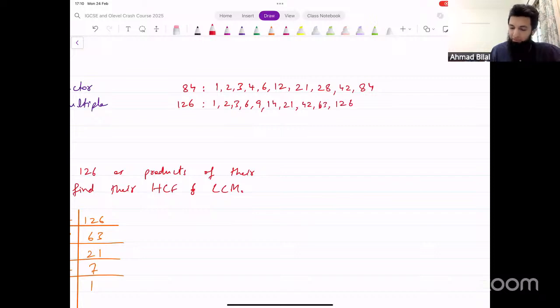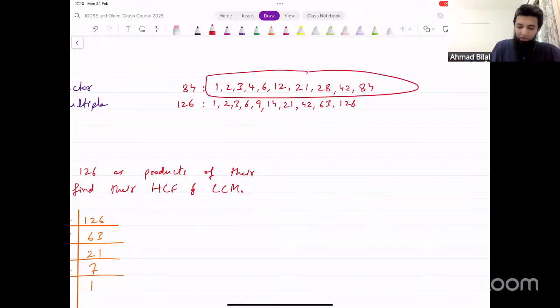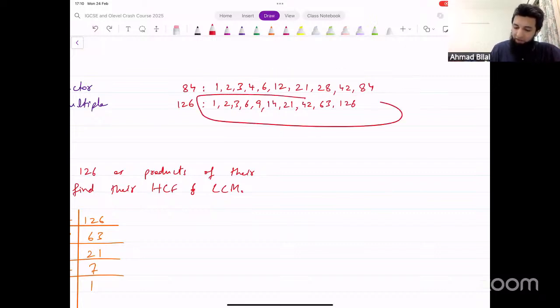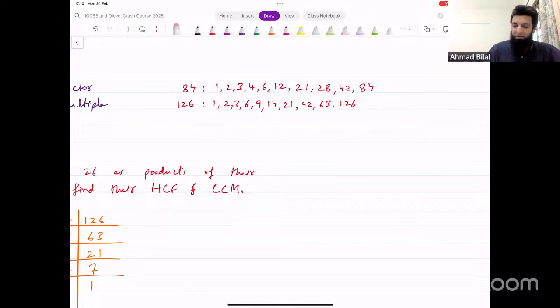Okay, now you won't have to do all of this when you're finding the LCM and HCF yourself, but this is just to explain to you what we mean by the highest common factor. So these are all the factors of 84, and these are all the factors of 126. The highest common factor is the factor that is common between them.